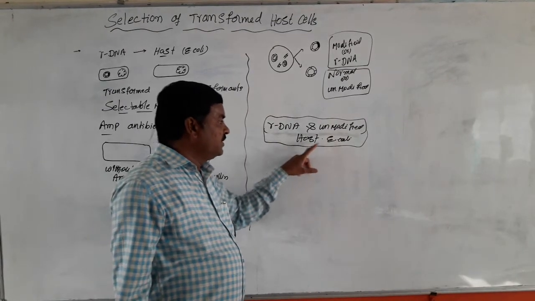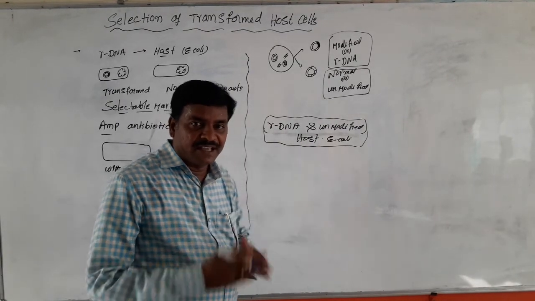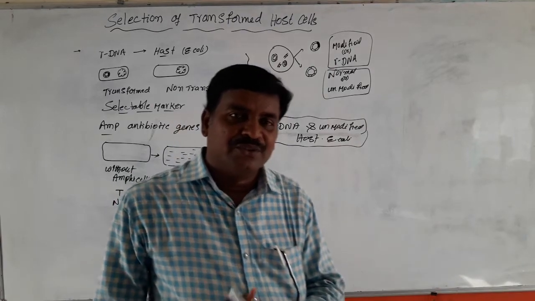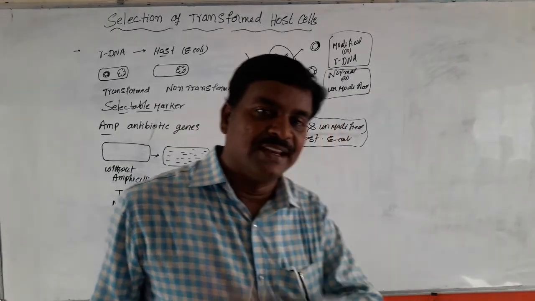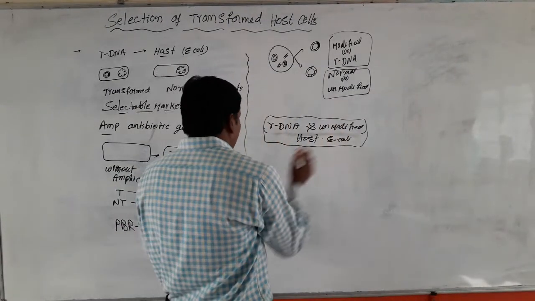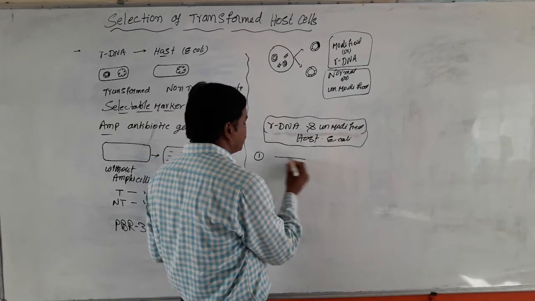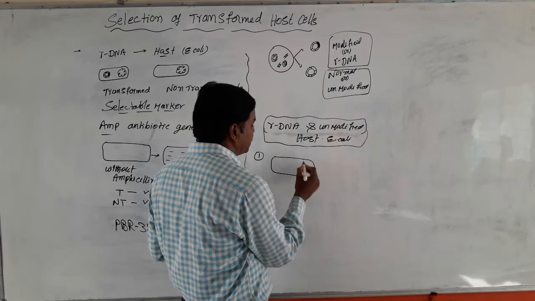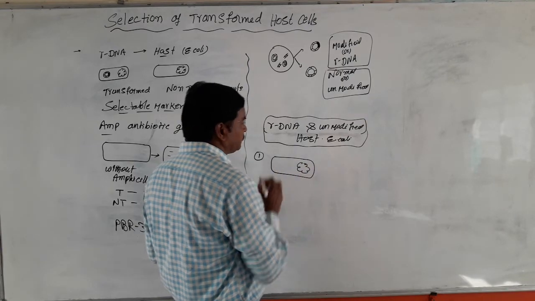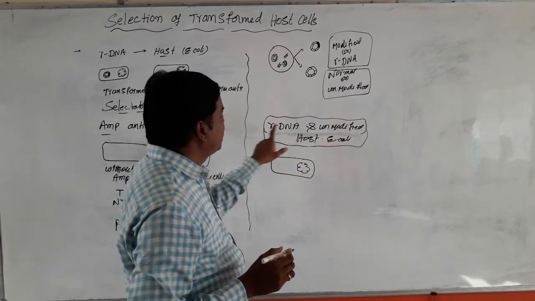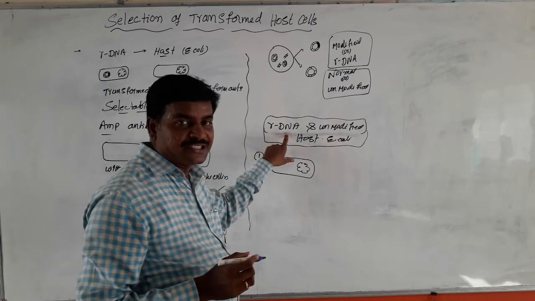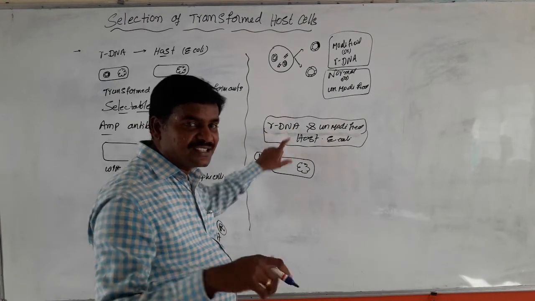Now these host cells are converted into three types of cells. One type of E. coli cells, for example this is an E. coli cell, takes up the recombinant DNAs into which the desired genes are inserted.